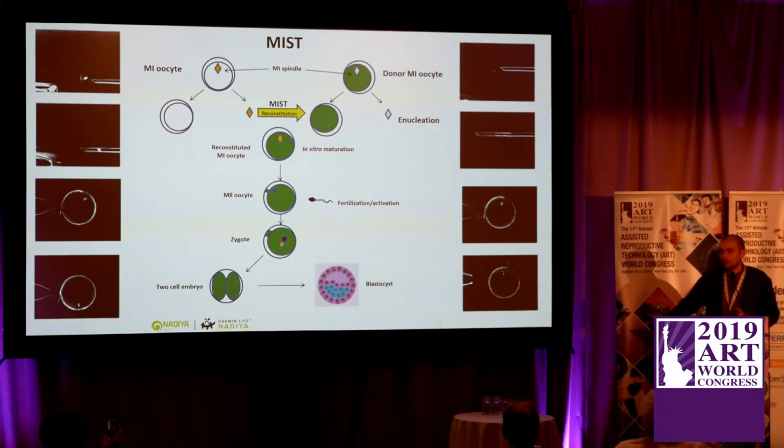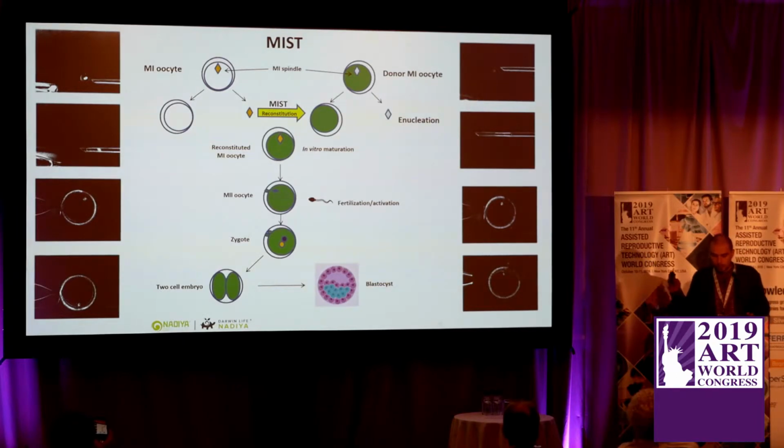All you need to do here is make these transfers, perform such a not so complicated maturation, then fertilize them and wait until you have a blastocyst and have a baby. Now we know that this method works, and it works very well, because the blastulation level is just the same as in the control group.